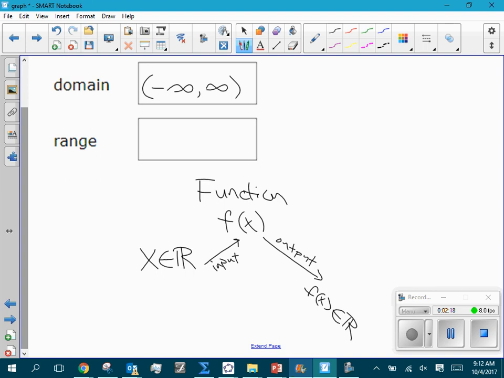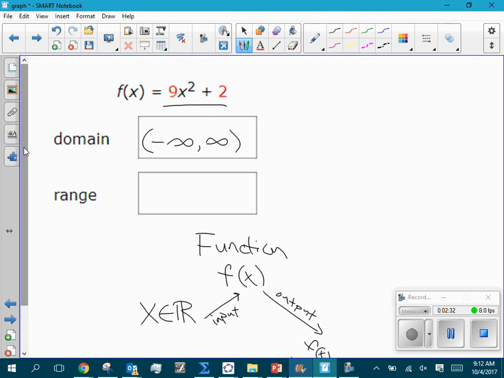And if you think about this, really what we're trying to exclude here, right now, are imaginary numbers. Imaginary numbers do not exist on the real number line. So if I put any real number that I want in for x and I square it, do I get another real number back?